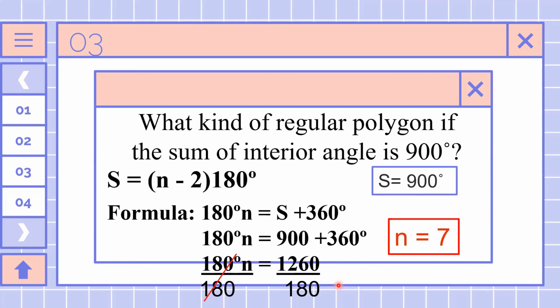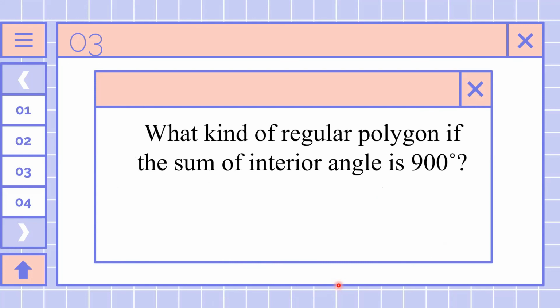Heptagon, ma'am. Very good. Heptagon. So, nasabtan ni siya para makita nato ang regular polygon. Atong formula na gamiton is 180 degrees n is equal to S plus 360 degrees. So, very good. Kapag ang sum of interior angle is 900 degrees, ang ato ang polygon or regular polygon is heptagon. Okay? Nakuha? Opo, ma'am. Yes po, ma'am.